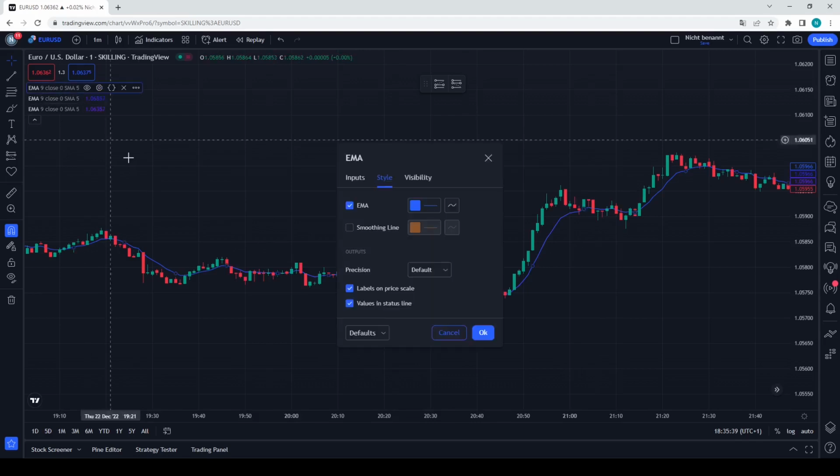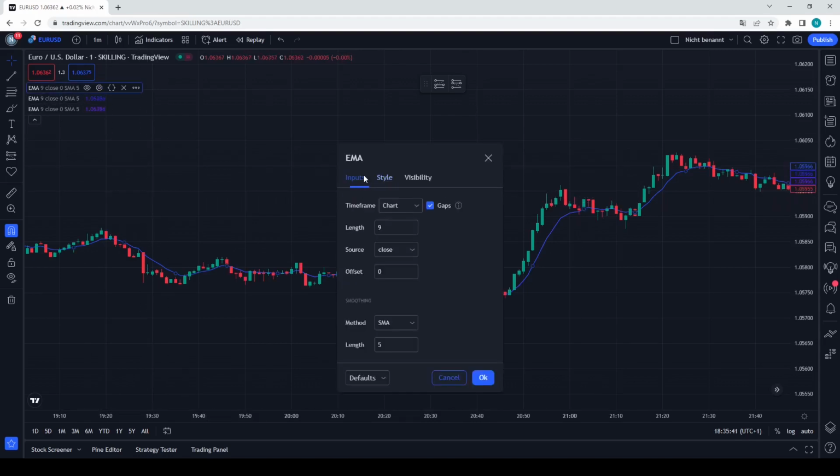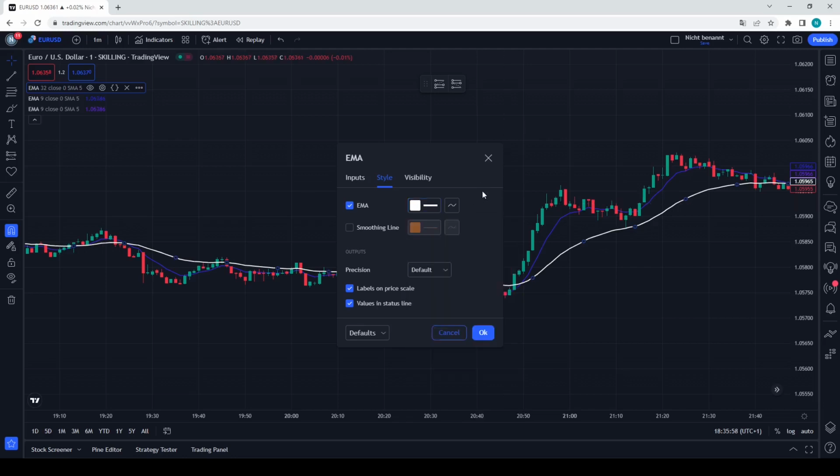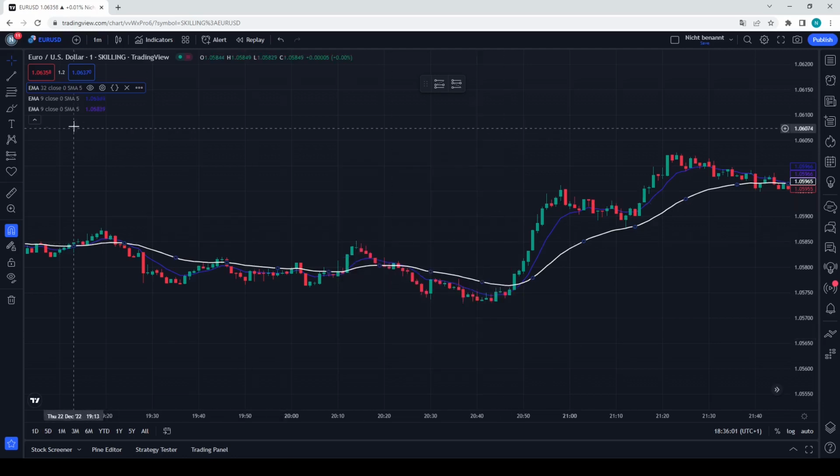So we go to the first EMA, click on it, and then go on inputs. The length we are setting to 32, the style is white, and for the thickness I prefer the second thickness, and let's click OK.